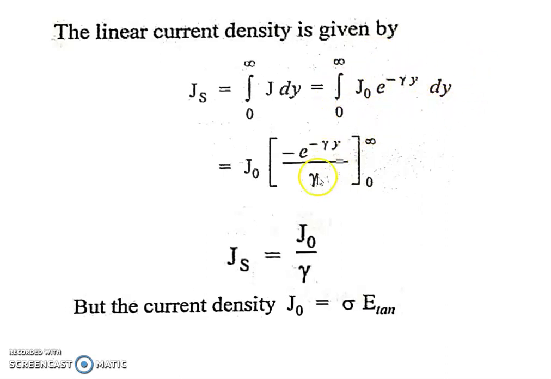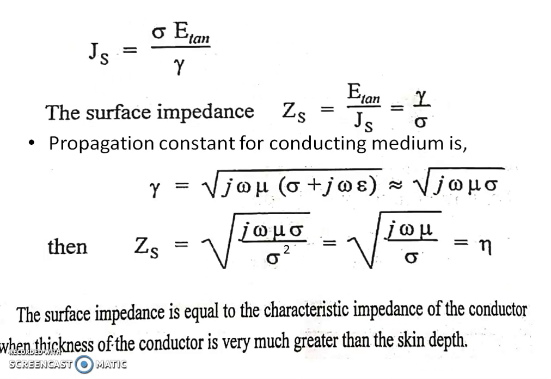On integrating this, J0 into minus e raised to minus gamma y divided by gamma, and applying the limits 0 to infinity, we get the value for Js is equal to J0 divided by gamma. But the current density J0 is equal to sigma E tan. So apply that value. So Js is equal to sigma E tan divided by gamma.